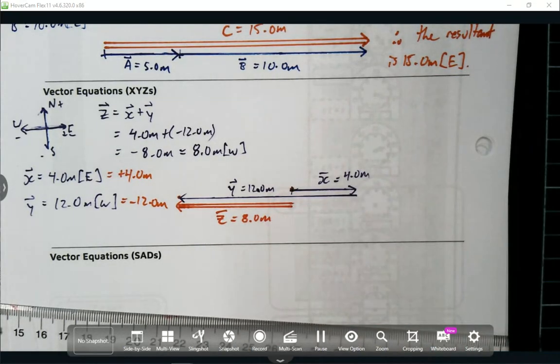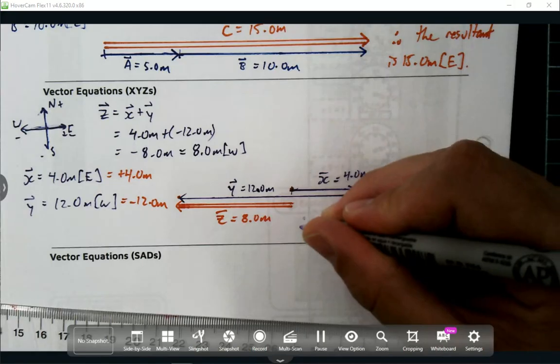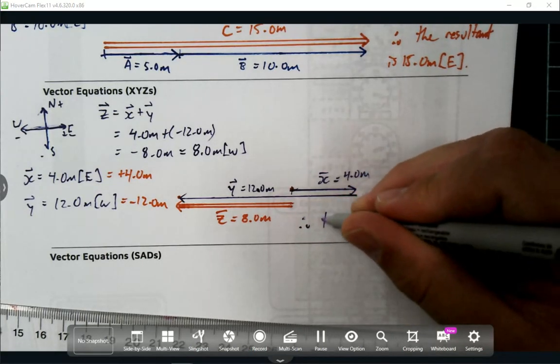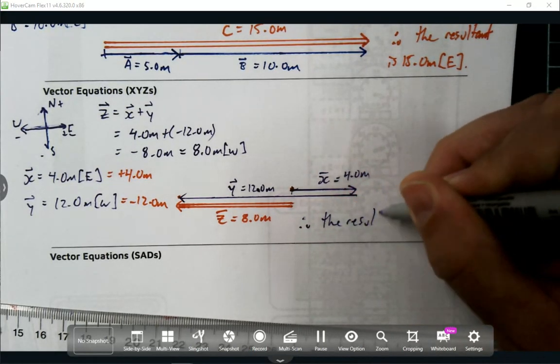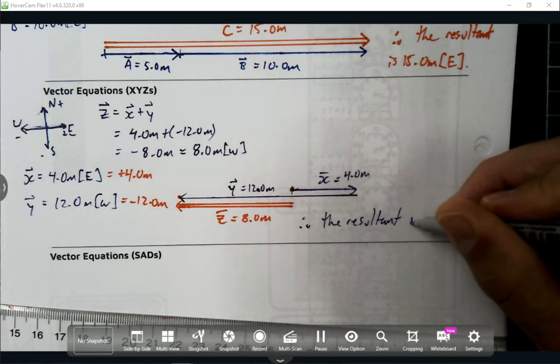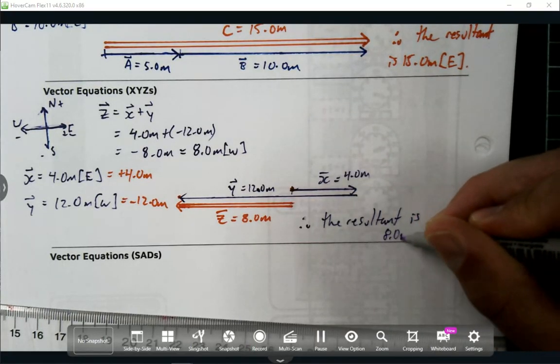And I can see that it's to the west visually. In the math, I could see that it was negative. They support each other, right? They're complementary ways of talking about things. And I can make a statement. I can say, therefore, the resultant is 8.0 meters west.